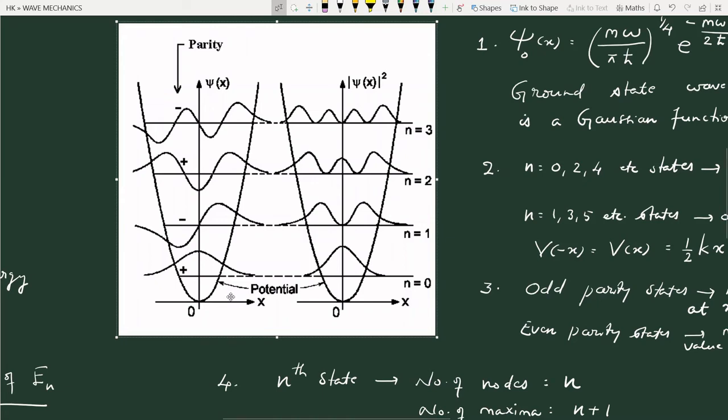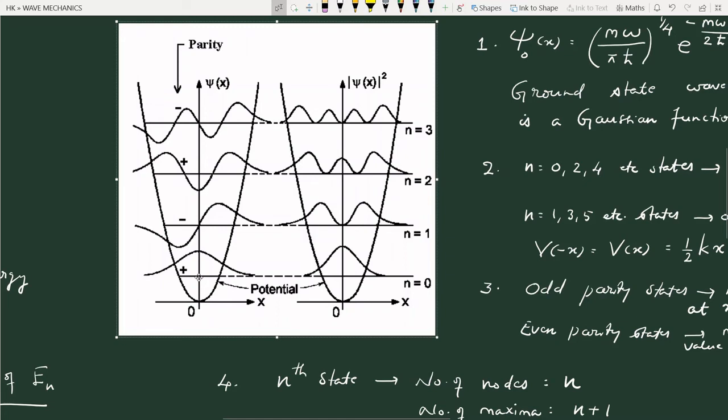In order to find that, you draw a line from here to the potential energy function. This is the potential energy value along the y-axis corresponding to this position. What is the total energy value? It is again half h cross omega. So at this point, potential energy is greater than total energy.